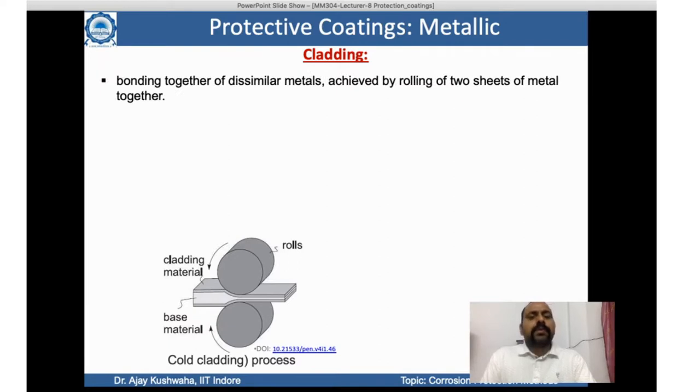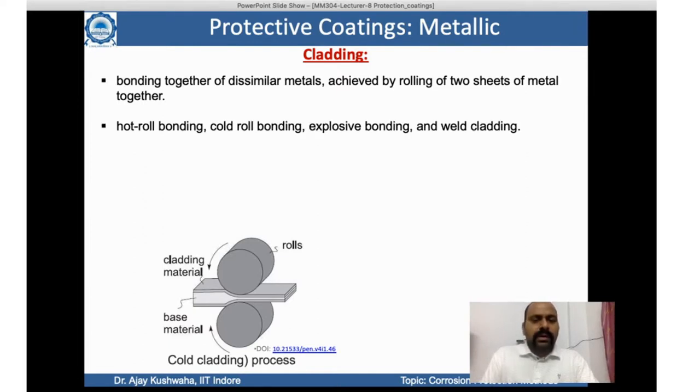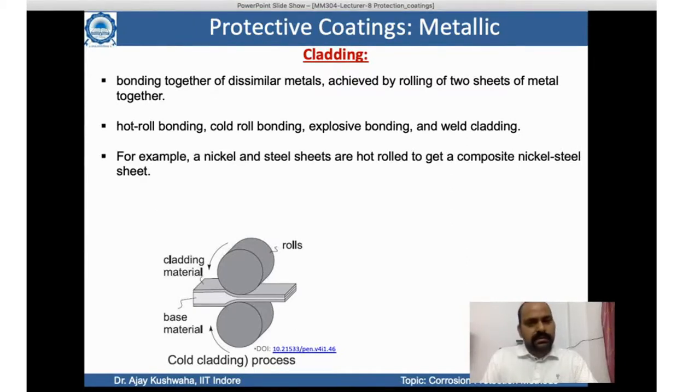So this is bonding together of dissimilar metals, achieved by rolling two sheets of metal together. Hot roll bonding, or cold roll bonding, explosive bonding, and weld cladding. These are the different names, which have slightly different methodologies.